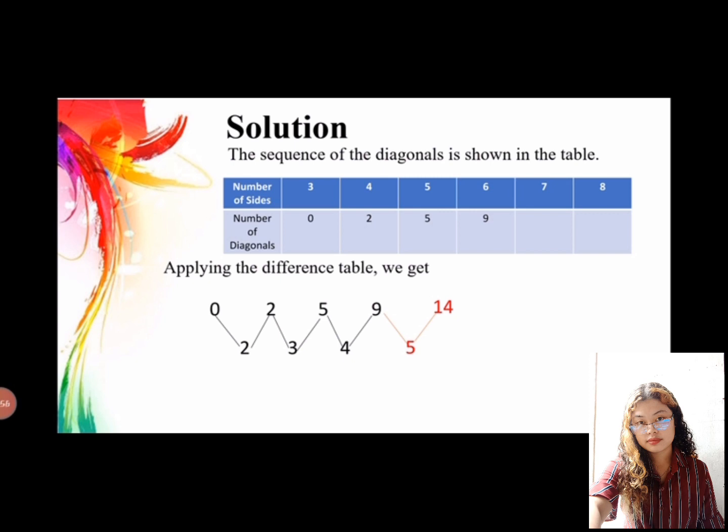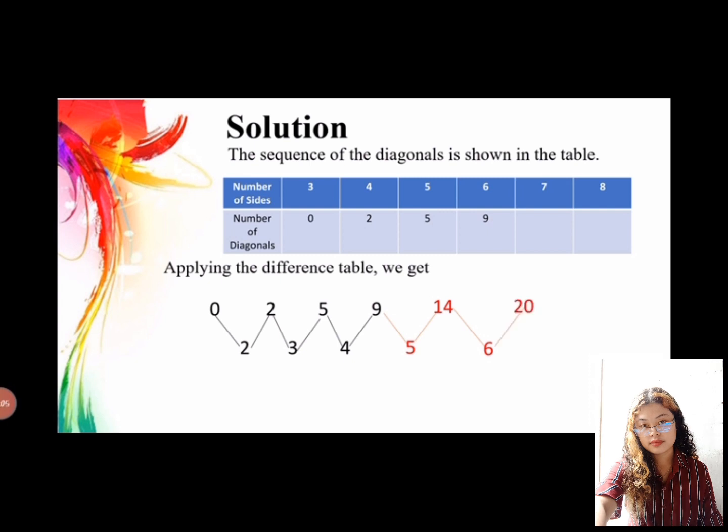Therefore, the number of diagonals of a heptagon is 14. Then, to get the diagonals of an octagon, we add 6 to 14, since we add 1 more each time. So 14 plus 6 equals 20, and therefore, 20 is the number of diagonals of the octagon.